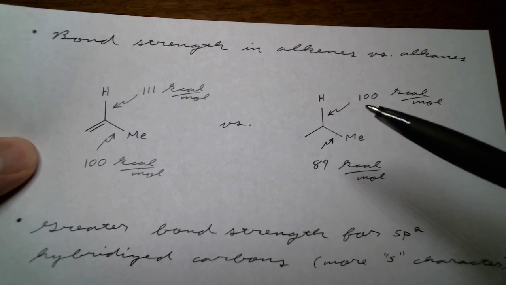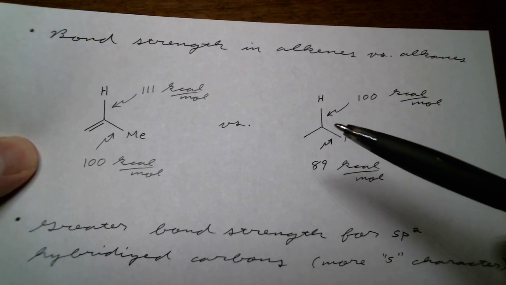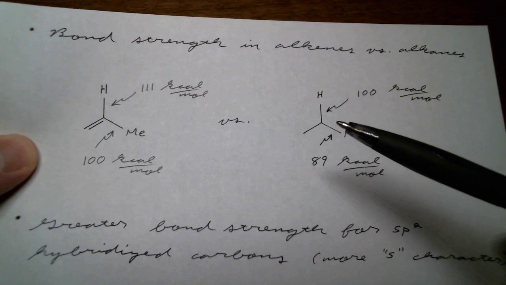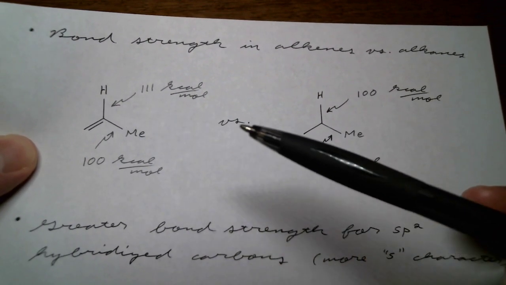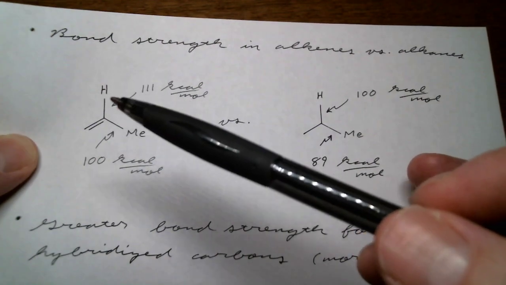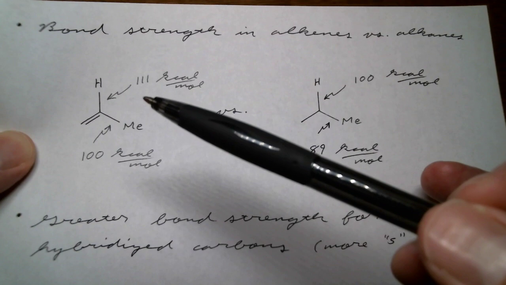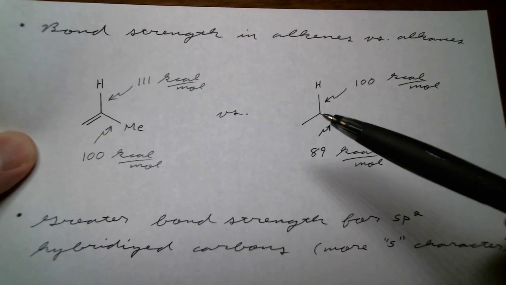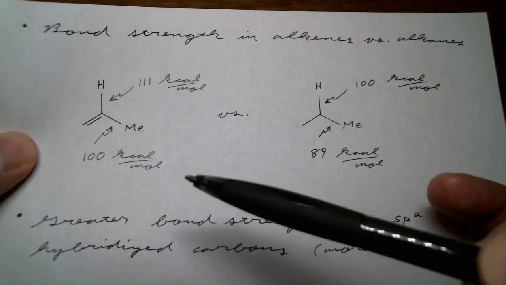It's worth a little less, 100 kcals per mole. This kind of makes sense because an sp3 hybrid has more p character, which would be higher in energy than an sp2 hybrid. And so we would expect the sp2 bond to be a little lower in the potential well and harder to break. We'd have to put more energy in to break it than an sp3 hybridized carbon-hydrogen bond.